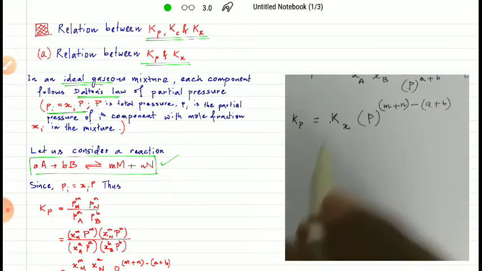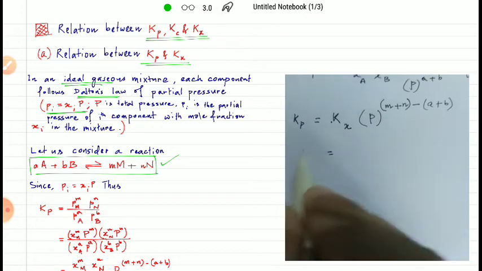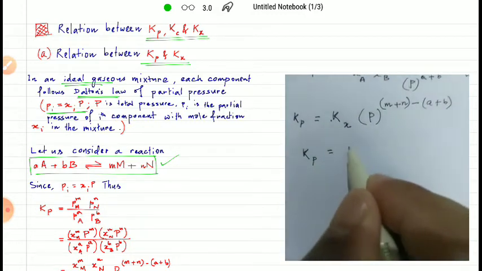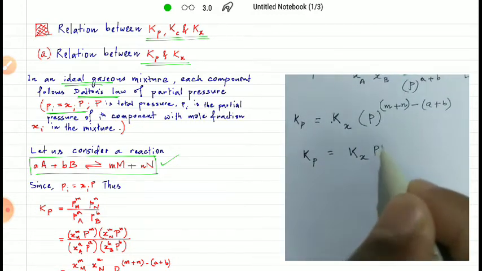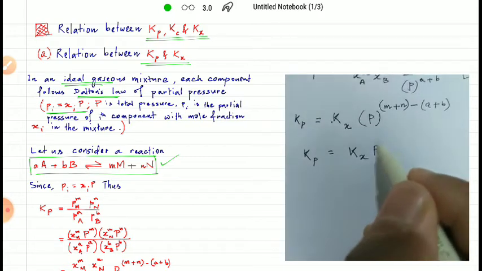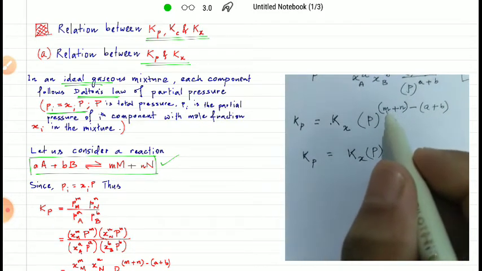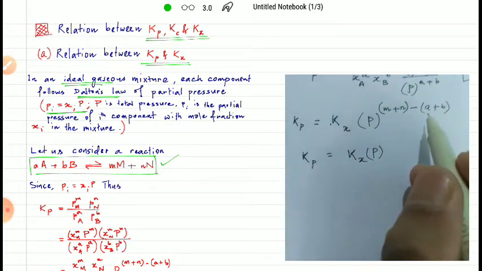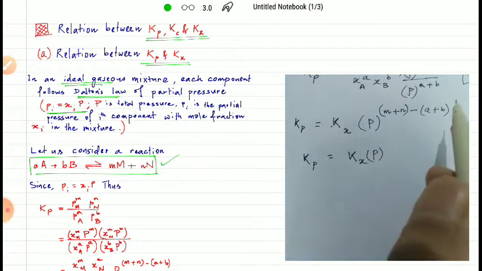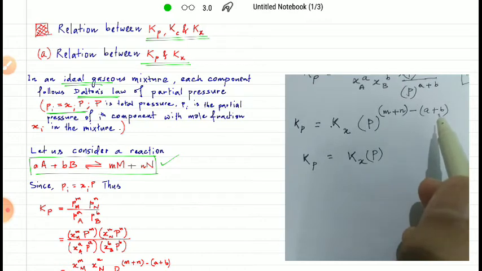So Kp is equal to Kx P to the power, so here m plus n is the number of moles of the products, and a plus b is the number of moles of reactants.